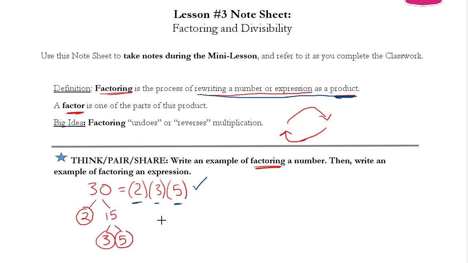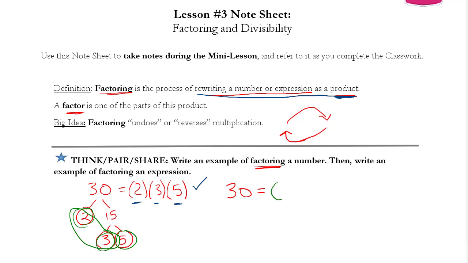Are there other ways to factor 30? Sure. Once we have the prime factors, so here we have our 3 prime factors, we can actually take combinations of these factors. What do I mean by that? Well, I could also write 30 as, instead of 2(3)(5), what is 2 times 3, which is 6.